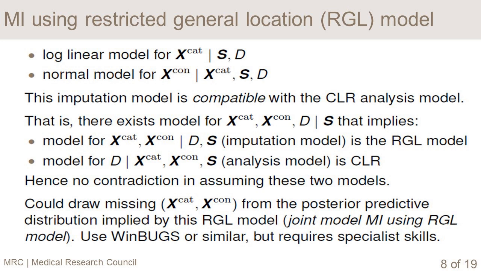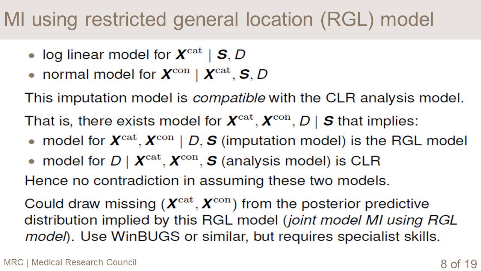When I say compatible, what I mean is that there exists a model for the joint distribution of the covariates and the disease status, which implies that the conditional distribution of the covariates given the disease status is actually the RGL model, and the conditional distribution of the disease status given the covariate is the conditional logistic regression model. So in other words, there's no contradiction in assuming the analysis model and the imputation model.